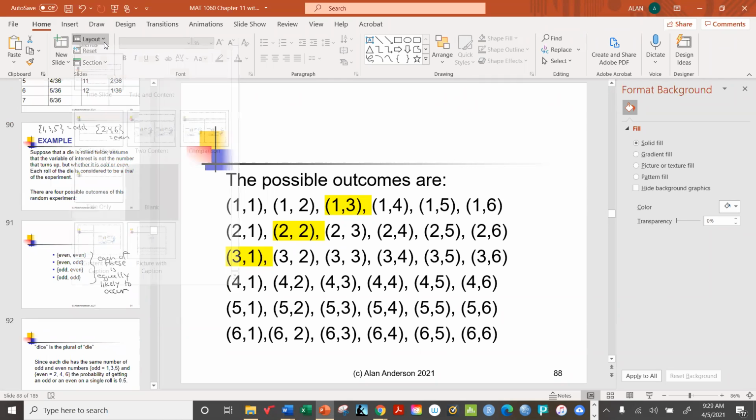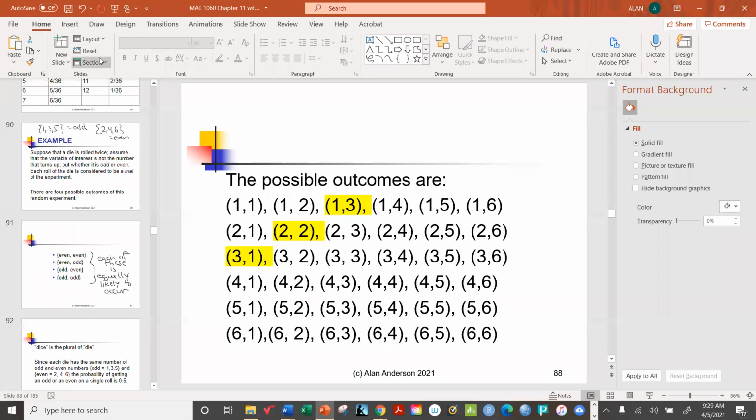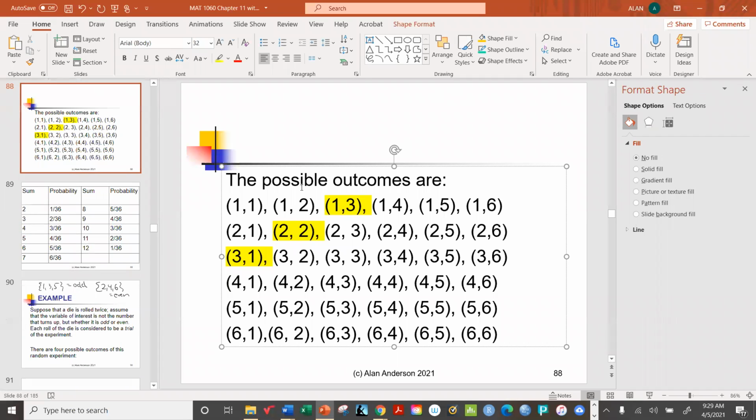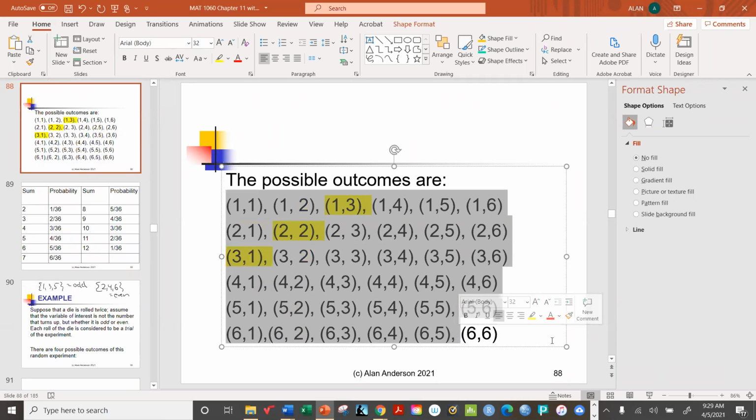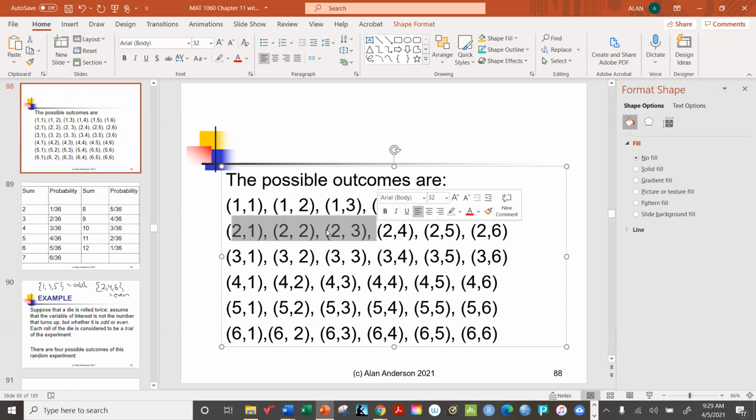Okay, so for example, if I were to highlight even, let me get these out of the way here. Let's say I wanted to really know, what does it mean to get even followed by even? That would be all of these. Sorry, no, this one. This one.